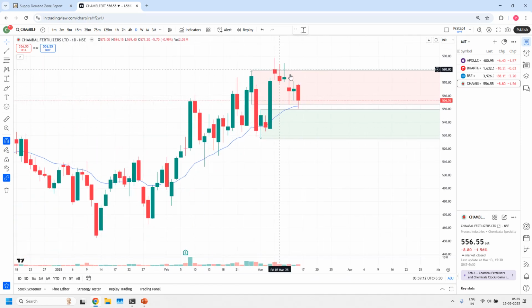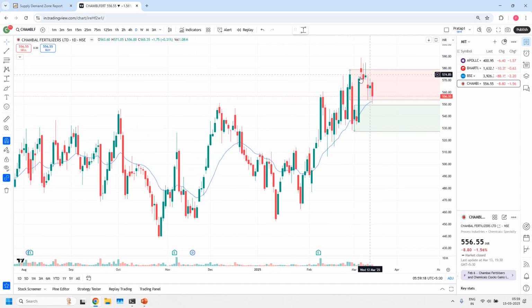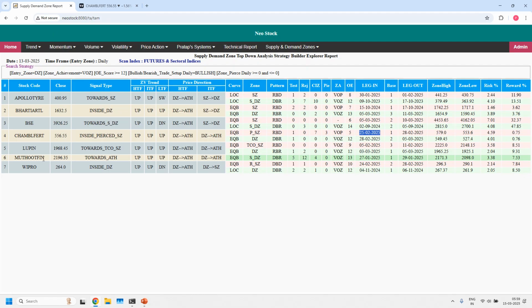If there are no lower time frame order flows, prices may reach all-time high again. If we exclude this supply zone, then this stock is going to be an all-time high stock. Okay, this is Chambal Fertilizers, and the next one is Lupin.